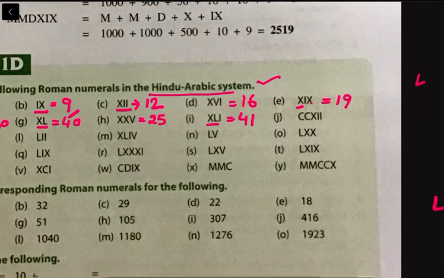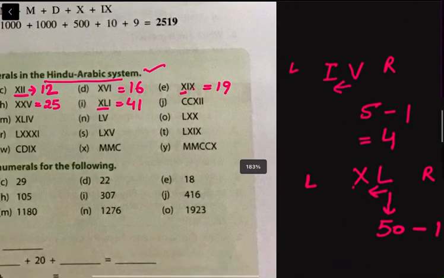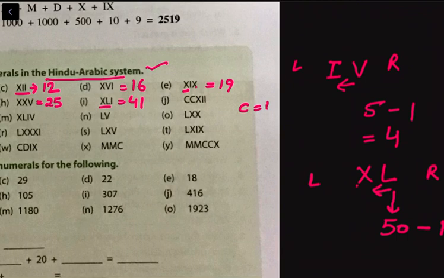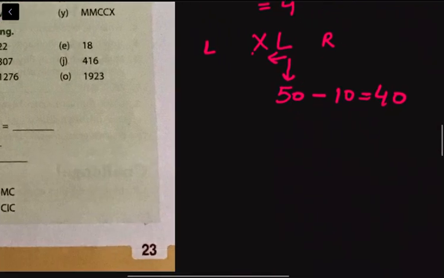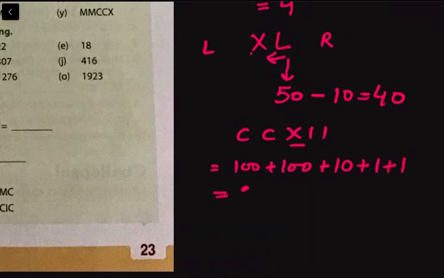C is equal to 100. CCXII means 100 plus 100 plus X 10 plus 1 plus 1, which means 222.